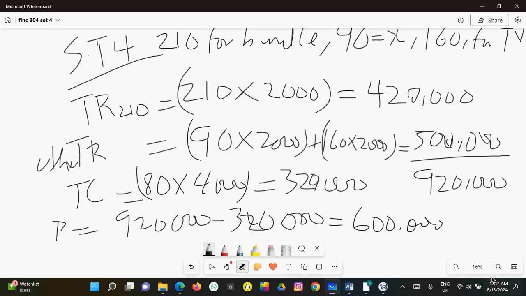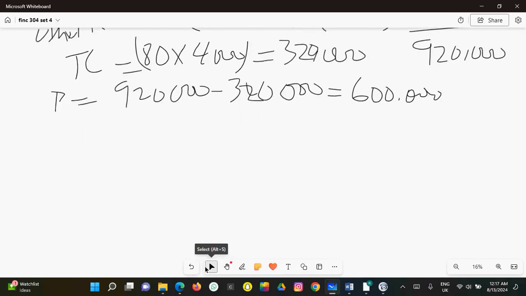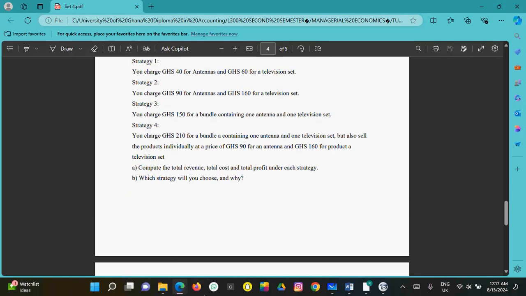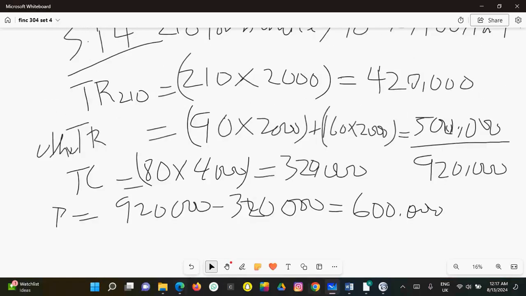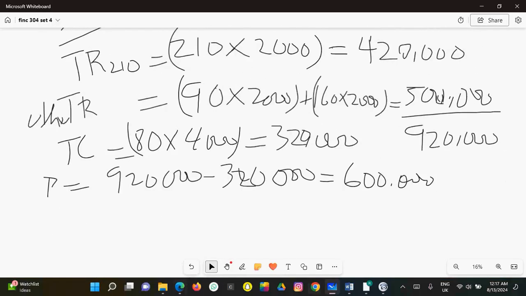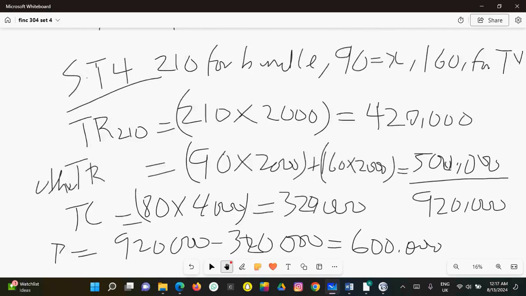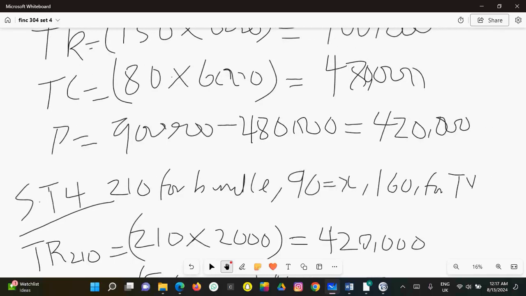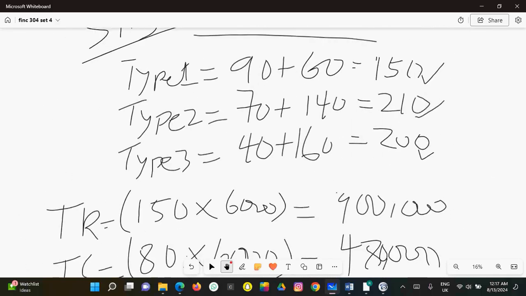All right. That's it for this one. Now we are saying, which strategy will you choose and why? All right, so let's compare the profit. Strategy 4 has a profit of 600,000. Strategy 3 has a profit of 420,000.